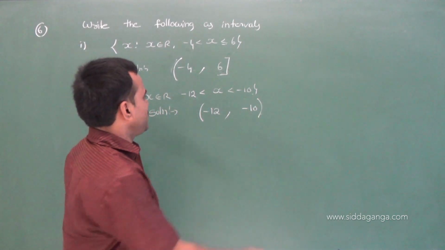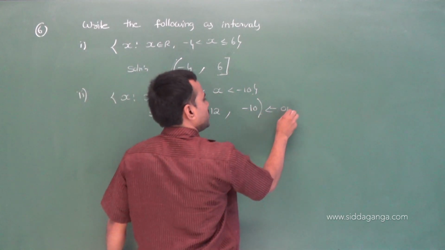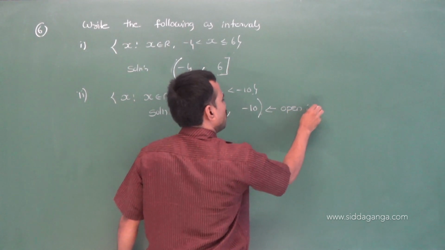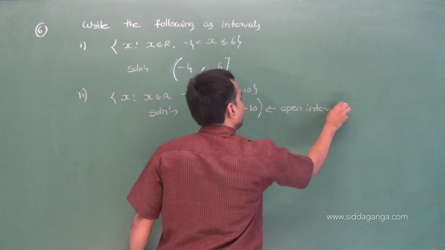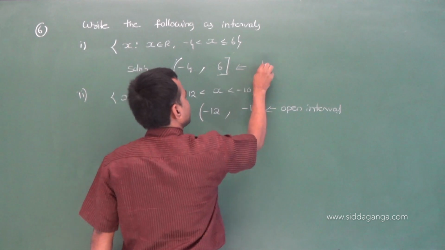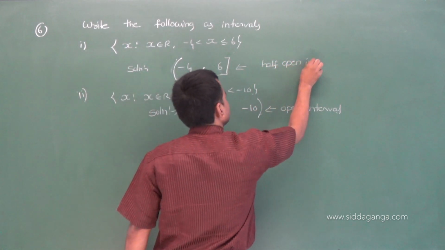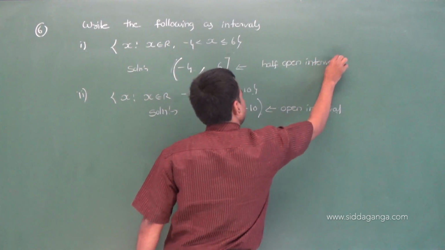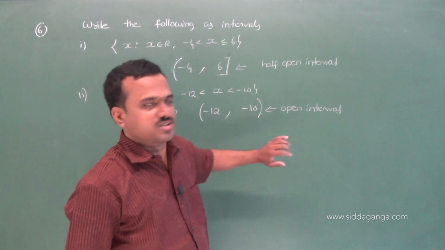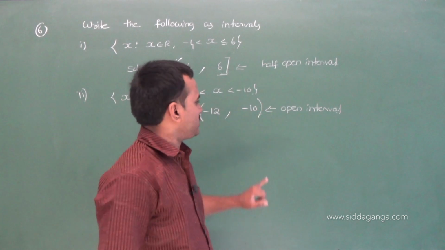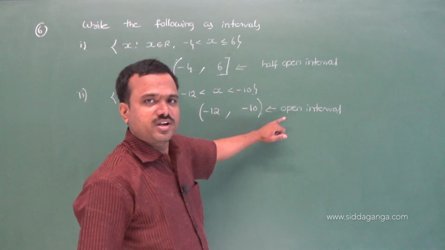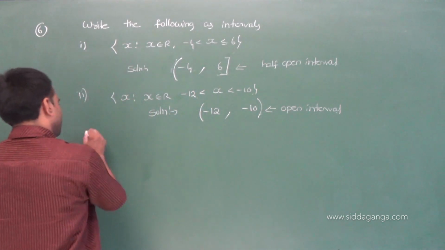That means this interval is called what? Open interval. This one we call a half open interval. We discussed half open interval in the previous class. This one we call the definition of the open interval.